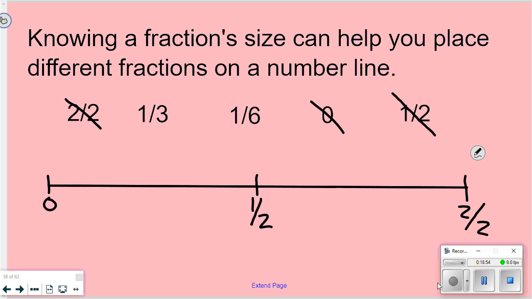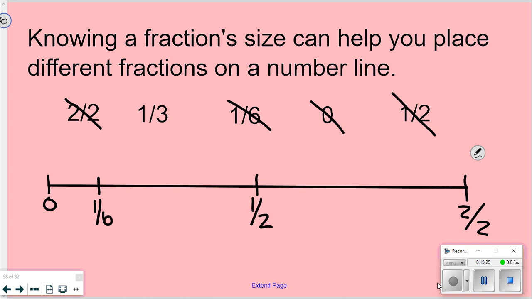Is that going to be a big piece or a little piece? So is it going to go closer to 0, or closer to 1/2? Closer to 0. How about here? We think that's a good spot? Yes. Write it. 1/6 is not a big piece, because you would need 6 of them to fill up your number line. Those pieces aren't going to be very big.